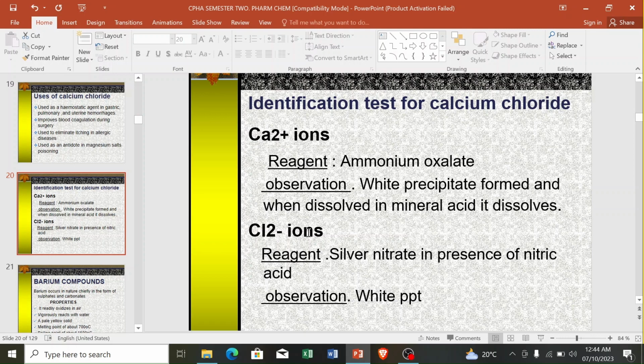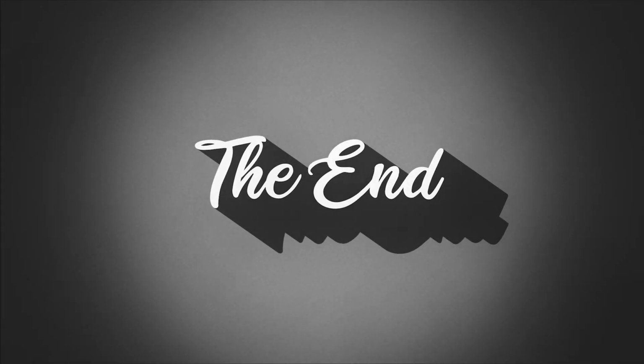Wherever you find a compound having calcium ions, please use ammonium oxalate to test for the presence of calcium ions. And if it is any other anion apart from chloride, you should be in a position to know which reagent is used to test for that specific compound.